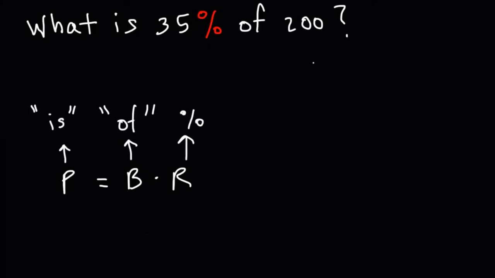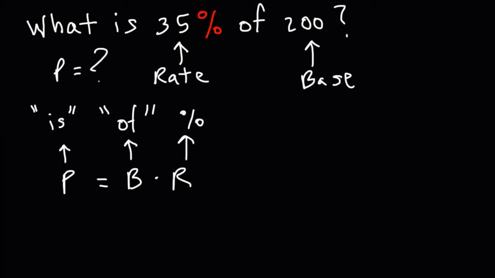We can see that 200 is associated with the word of, so 200 is the base. 35%, that's going to be the rate because there's a percentage in front of it. And what we're looking for is the percentage in this problem.